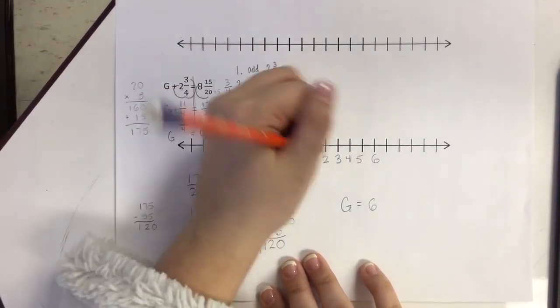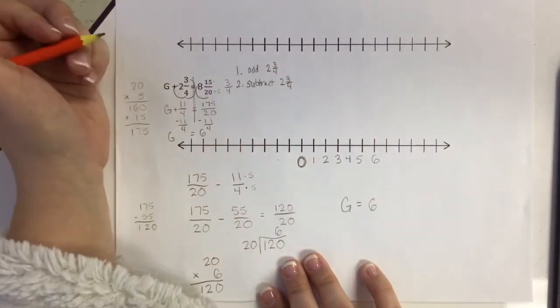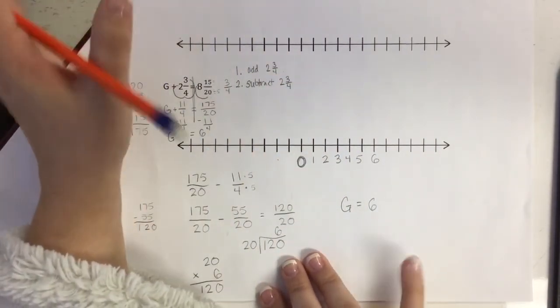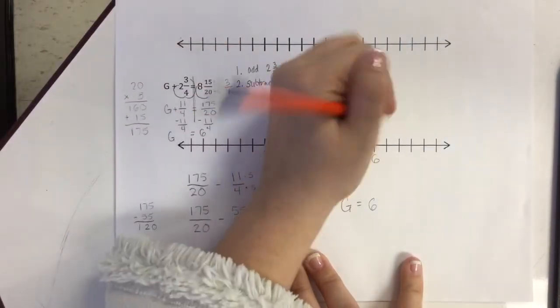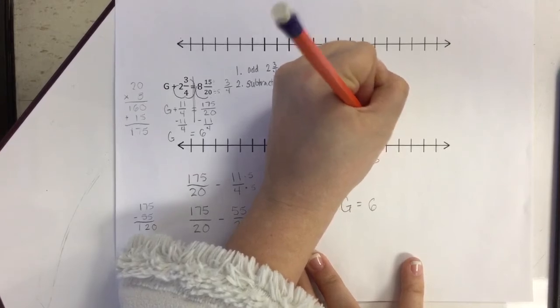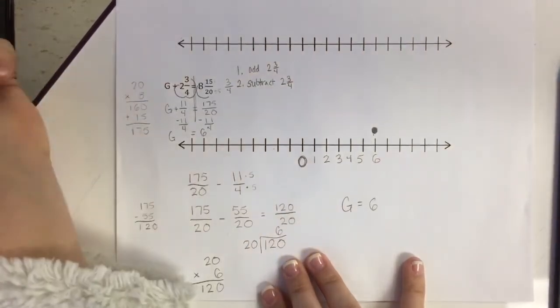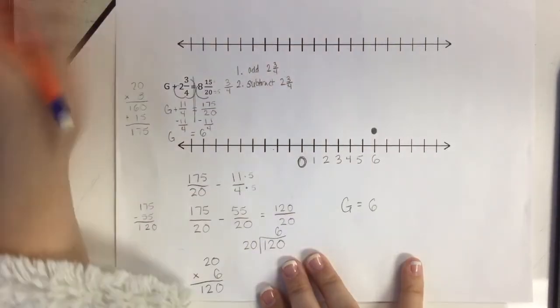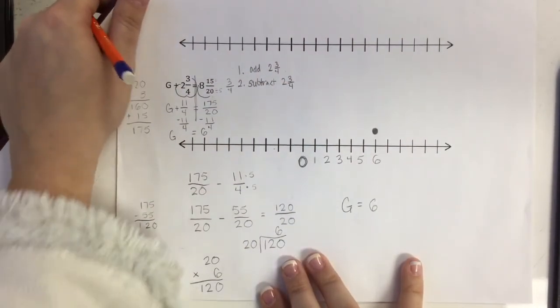I could have just done 2, 4, 6, if that's how you want to do it that way. As long as you can show a closed circle above the number 6, labeled clearly on that line, you just graphed your solution.